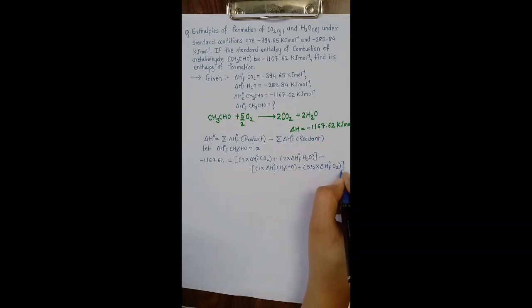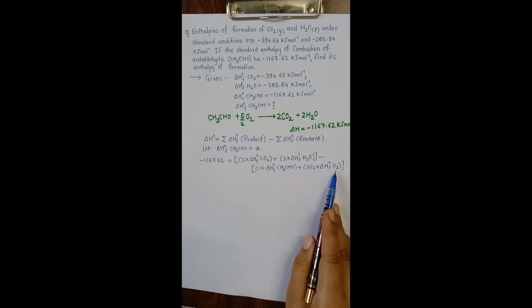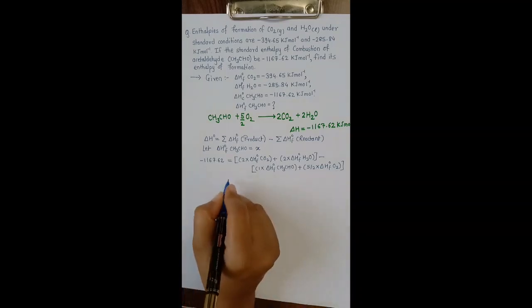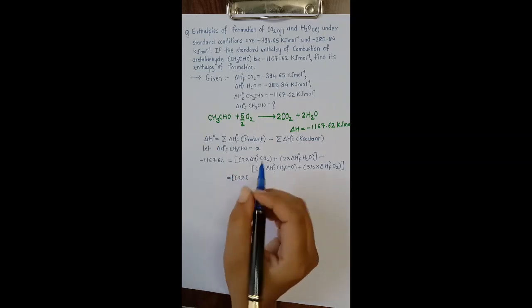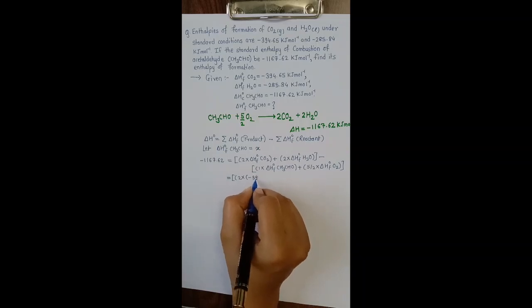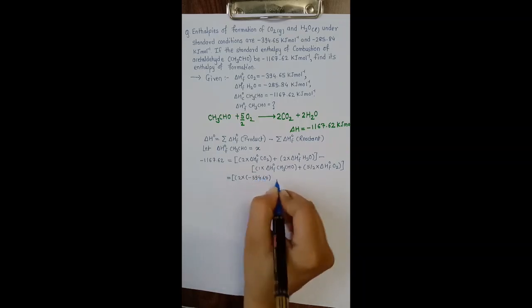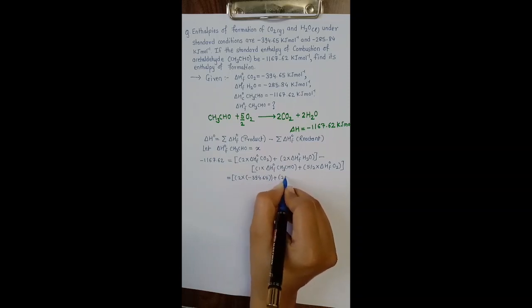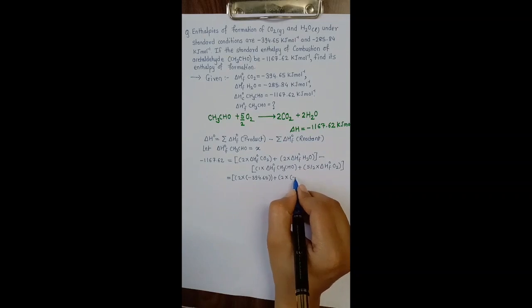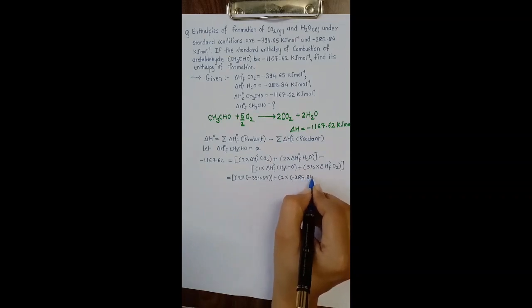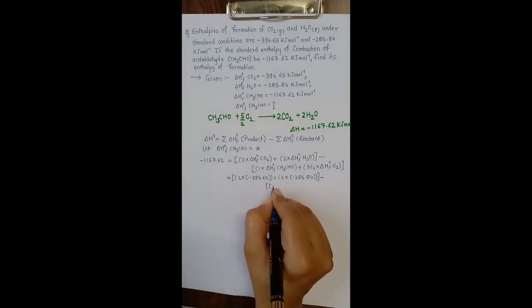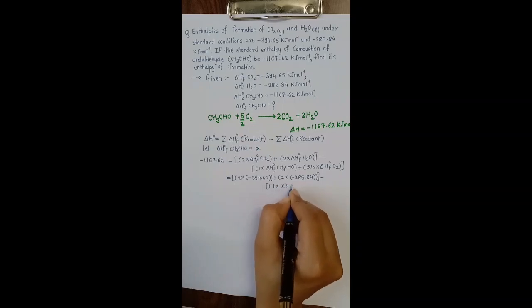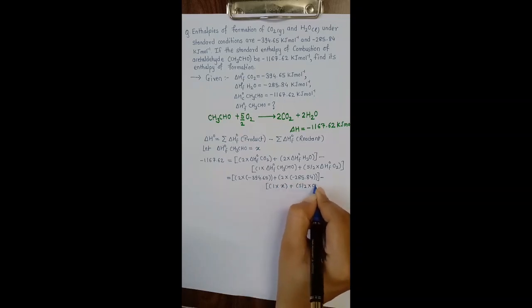So we know that standard enthalpy of formation of pure element is taken as 0. So now putting the values: 2 into minus 394.65 plus 2 into minus 285.84, minus 1 into x plus 5 by 2 into 0.